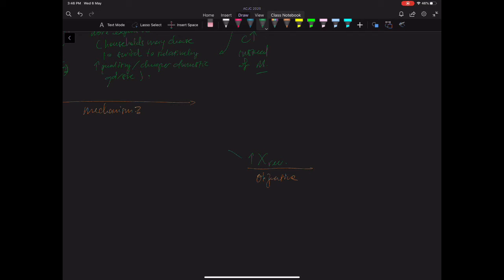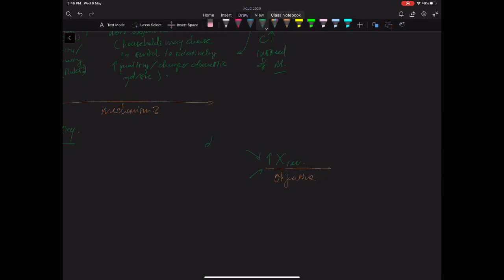Okay, so one way you can increase export revenue is by increasing the demand for your country's exports. Another way you can increase your export revenue is by increasing the price competitiveness of exports.